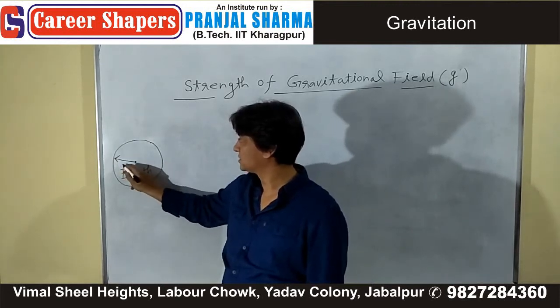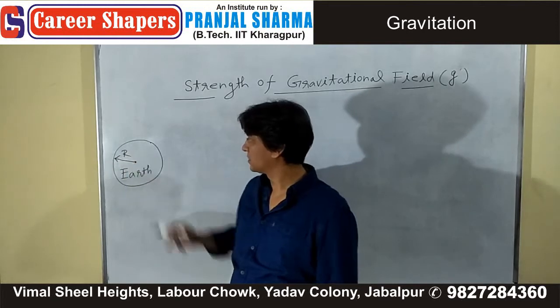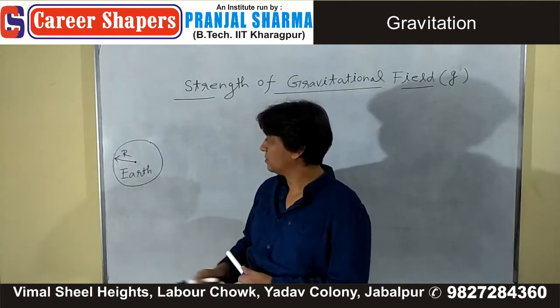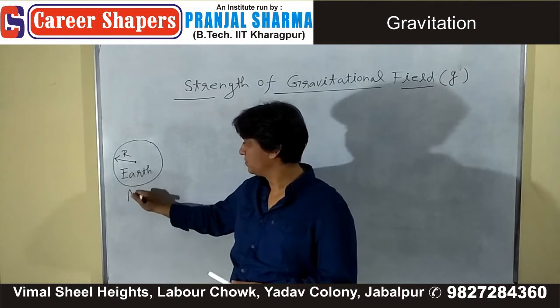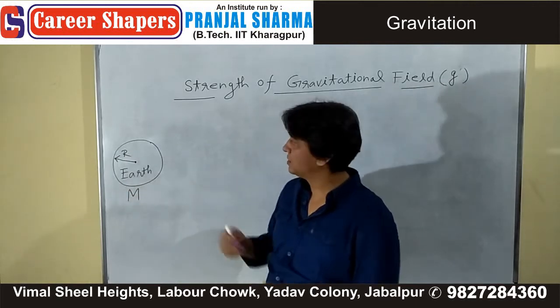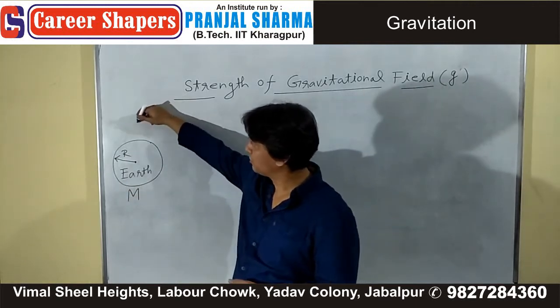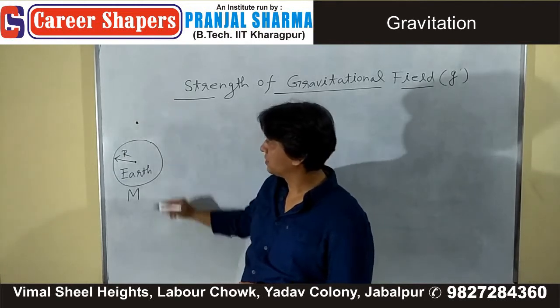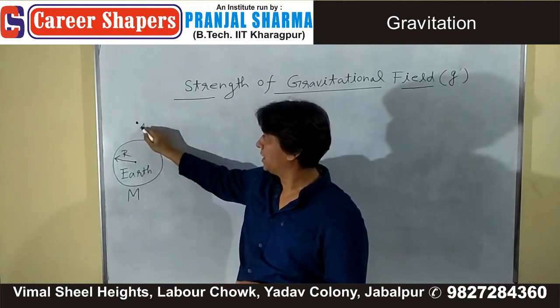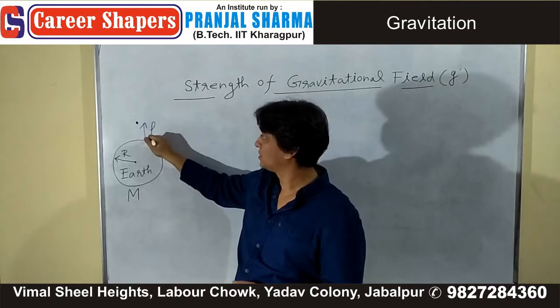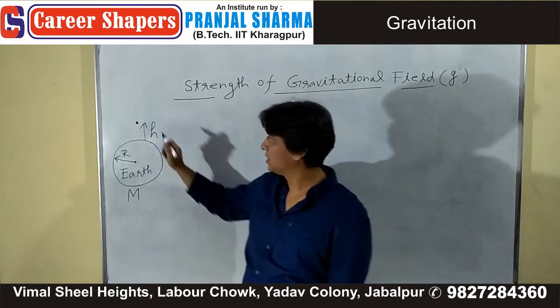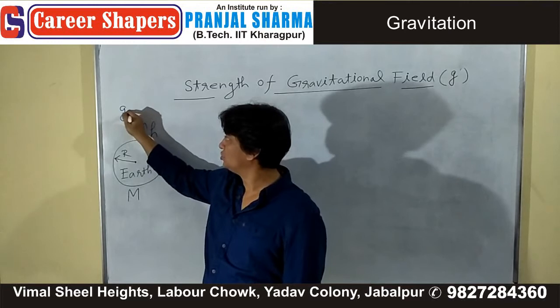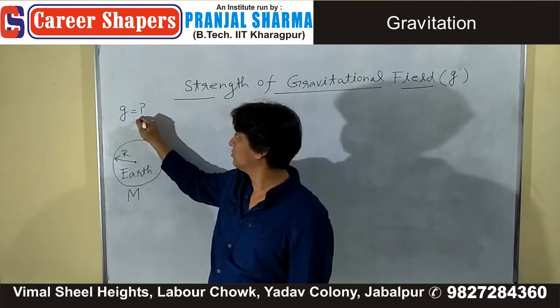Its radius is R. Its mass is M. We need strength of gravitational field at this point. Height of this point from the surface of Earth is h. We need g at this point.